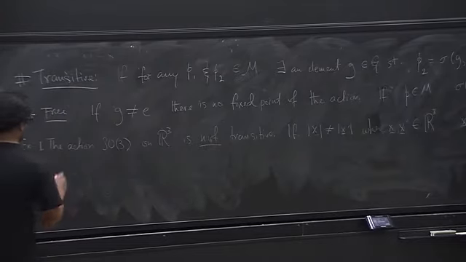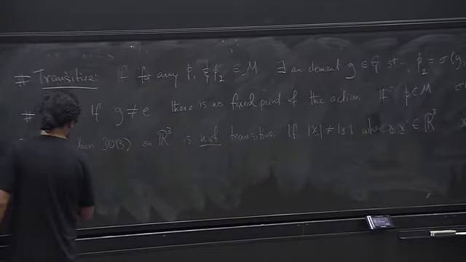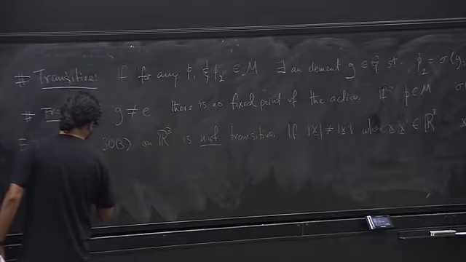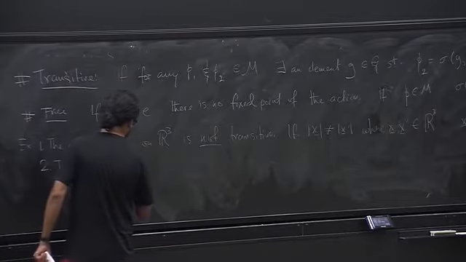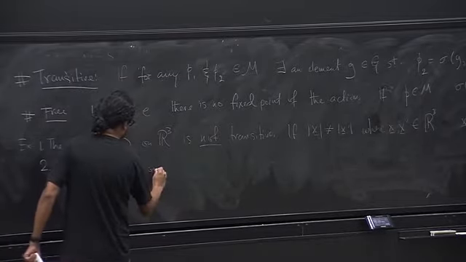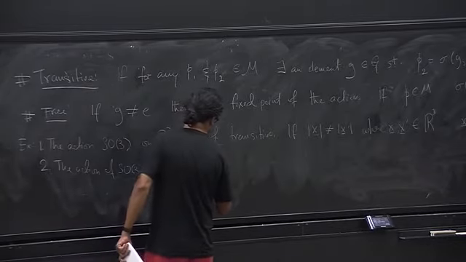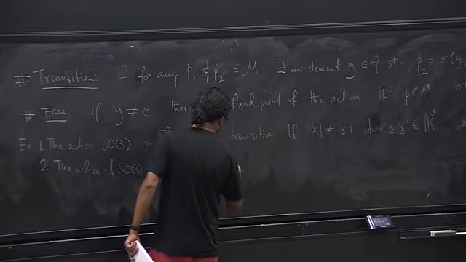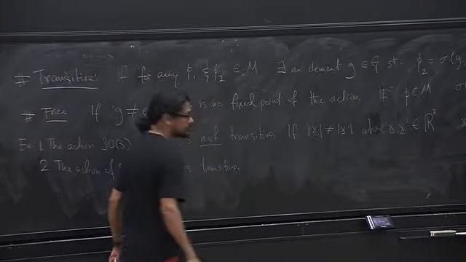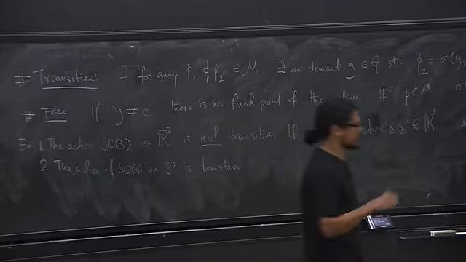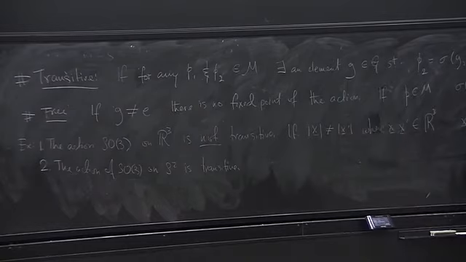On the other hand, the action of SO3 on S2 is transitive. So by applying SO3, we can get from any point on S2 to any other point on S2.